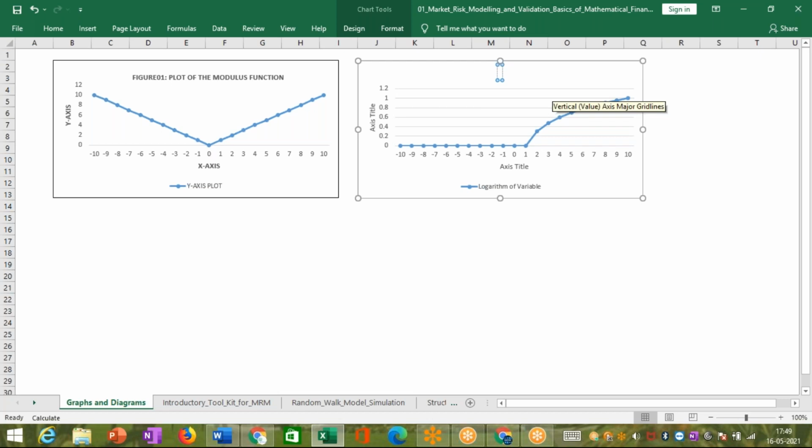We say that this is figure 02, which is the plot of the logarithmic function.